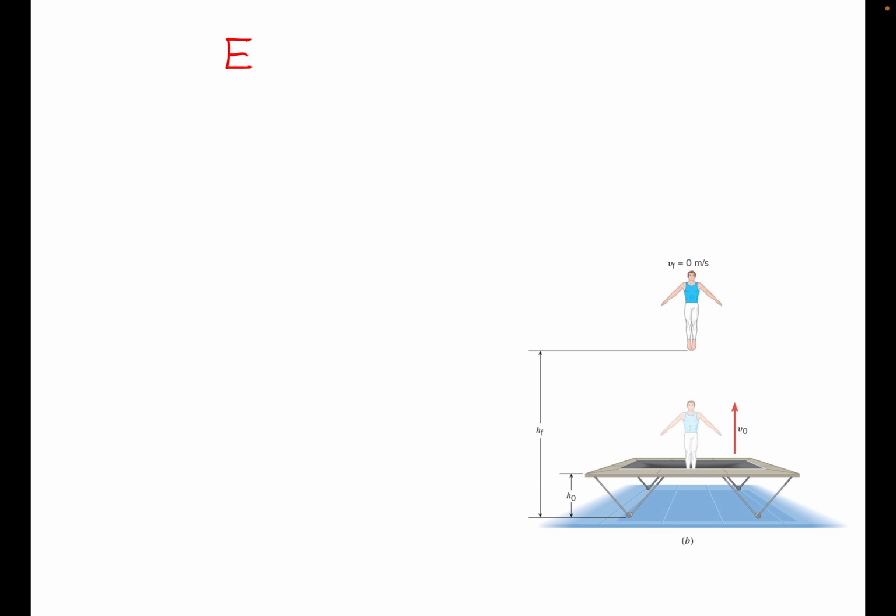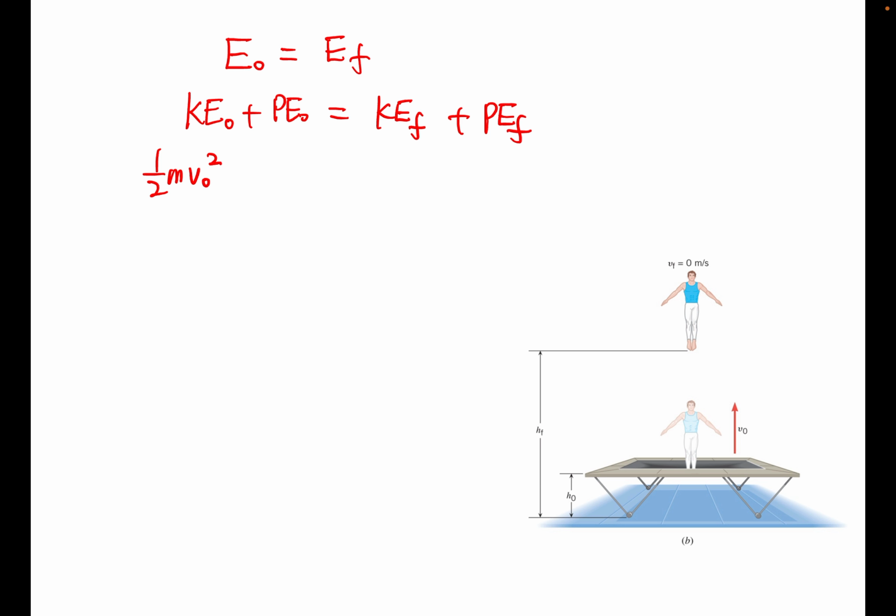So we have initial energy equals final energy, and the initial energy equals kinetic energy plus potential energy. Initial kinetic energy plus initial potential energy equals final kinetic energy plus final potential energy. The initial kinetic energy is given by 1/2 mv squared, and the initial potential energy is mgh0, initial height.